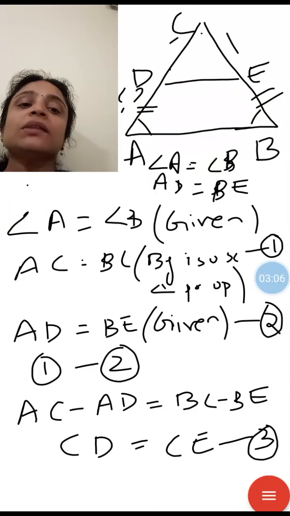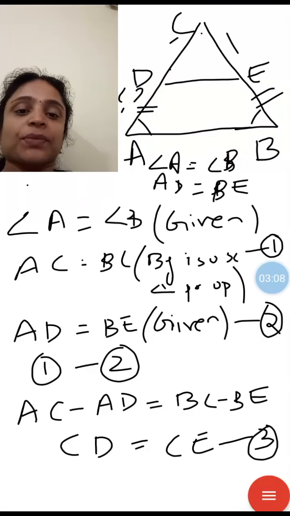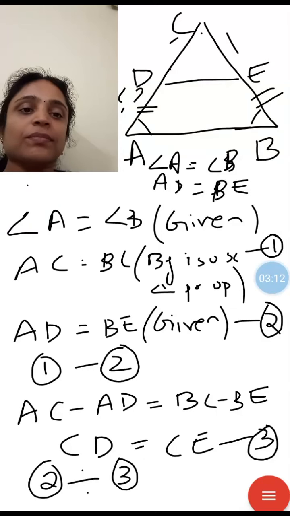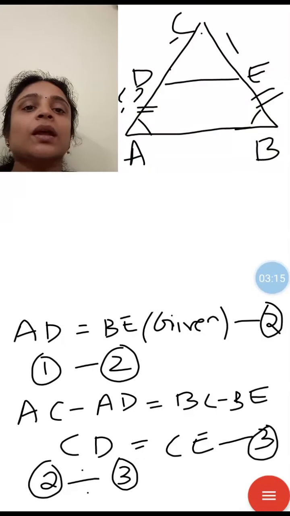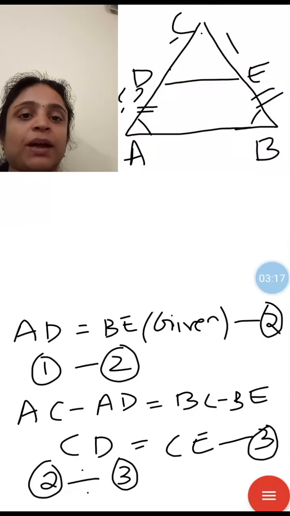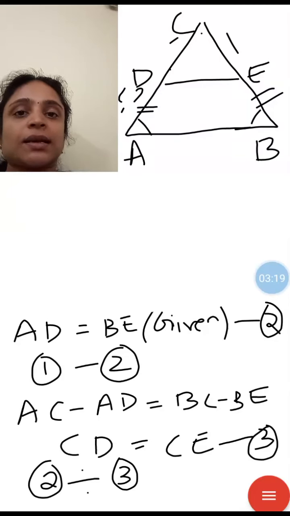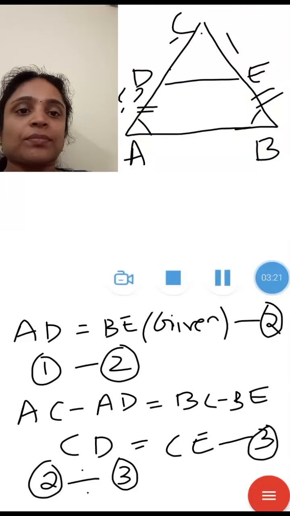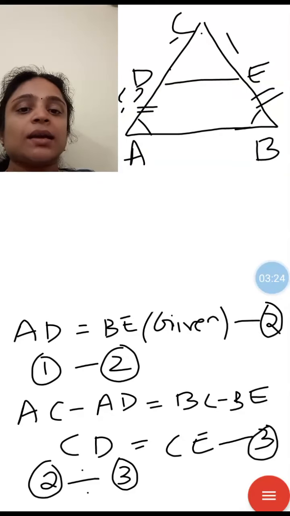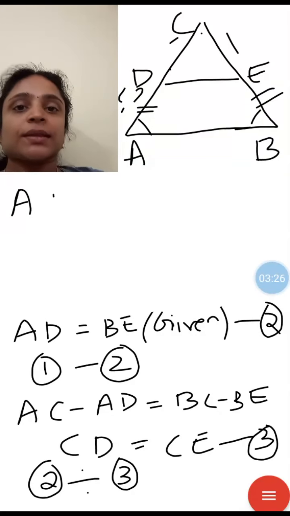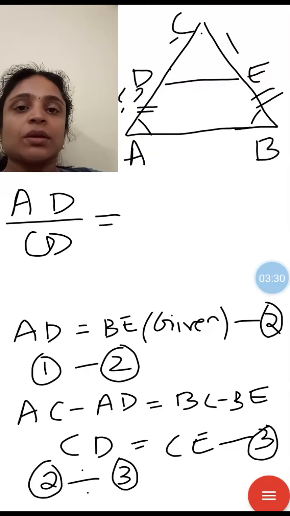Now, divide 2 by 3. It is AD by CD equal to BE by CE.